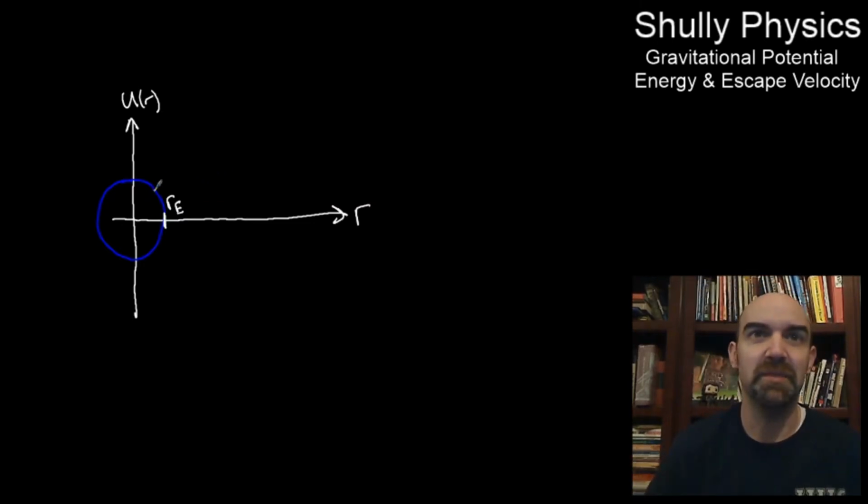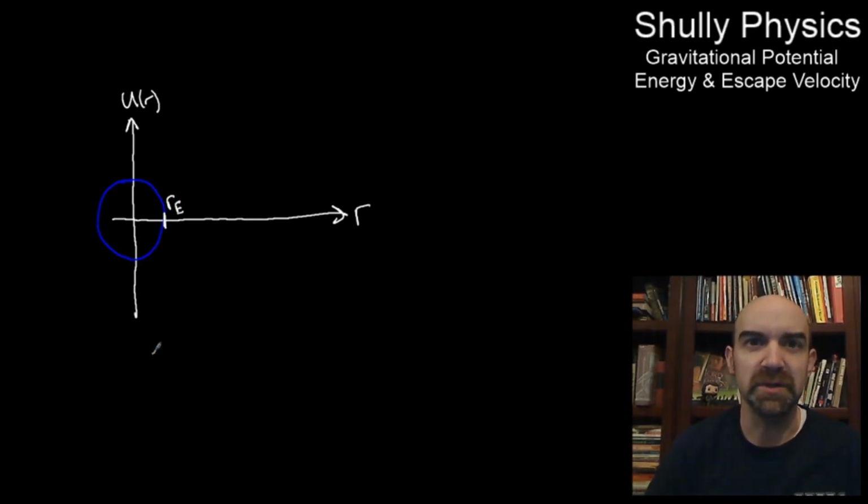Some different things happen on the inside here. You might recall that the force decreases linearly inside of a planet to 0, if you ever did that problem on reaching the center of the Earth and the force at the center of the Earth. Now the potential energy within the Earth is actually kind of a constant, but that's for another day. Right now we're talking about the potential energy outside.